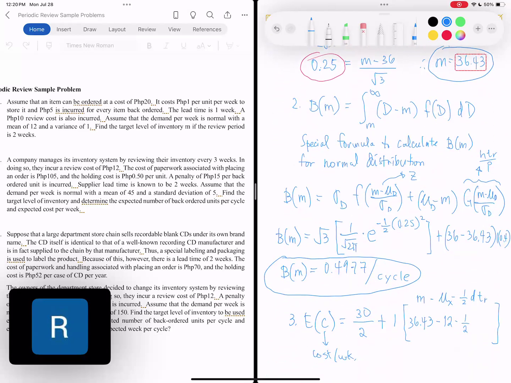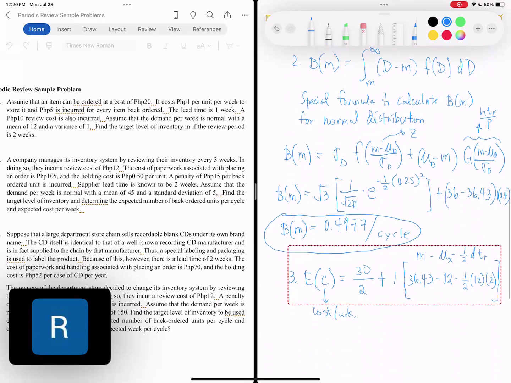So 1/2 times 12 times your TR of 2. Okay, so that will be your total holding cost here. And then you add the back order cost, which is easy. What is the back order? 5. Divide that by TR, which is 2.